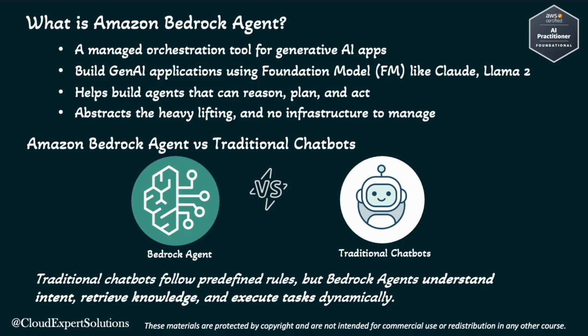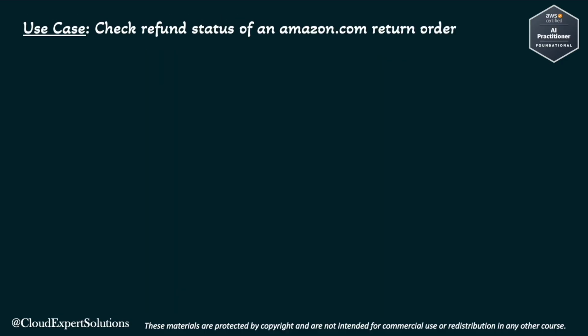Let's break down Amazon Bedrock Agent using real-life examples so it's crystal clear how it works and why it is useful. We'll take a use case to check the refund status of an Amazon.com return order. Without Bedrock Agent, you'd have to call Amazon customer support, wait on hold, and explain the details to the associate.